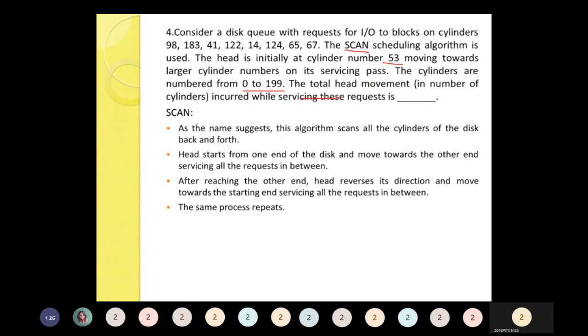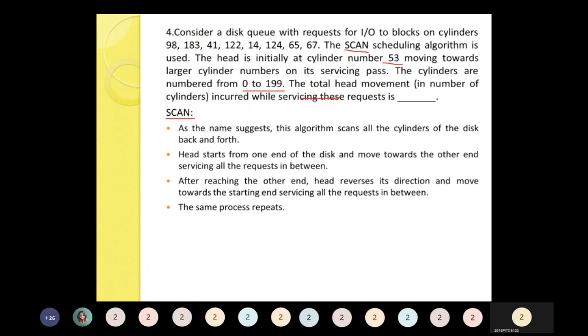So here the SCAN algorithm is given. What is SCAN? I already explained it with a normal document. When we scan a document, the scan light moves from front to back, then again from back to front, and so on.